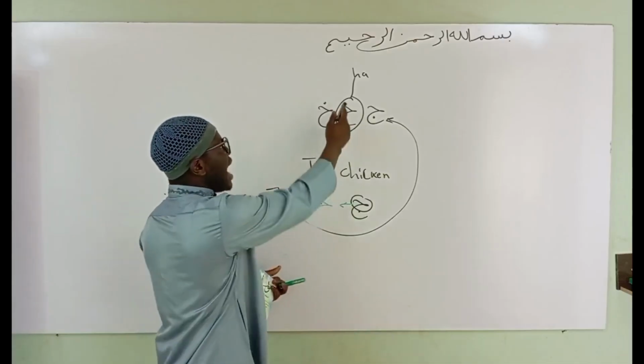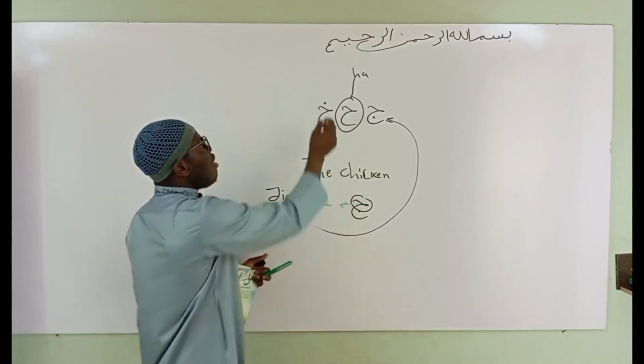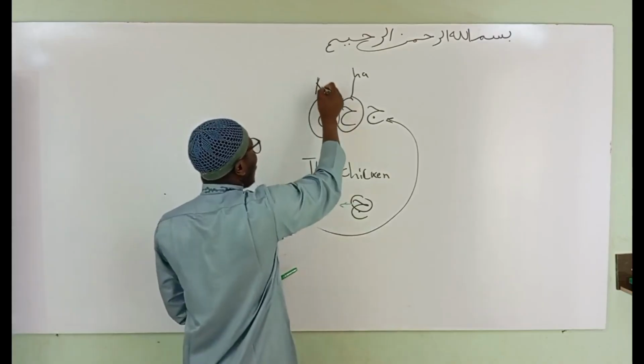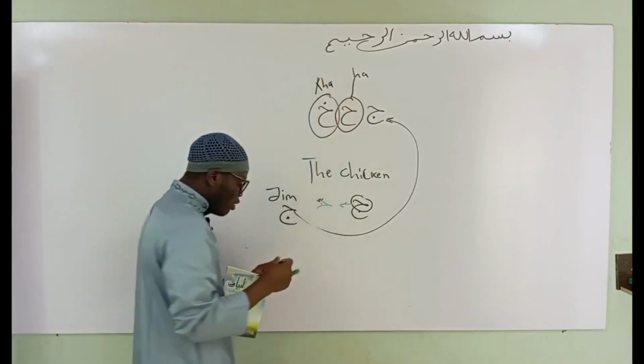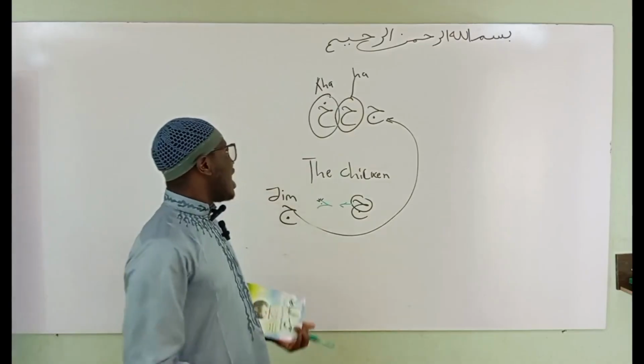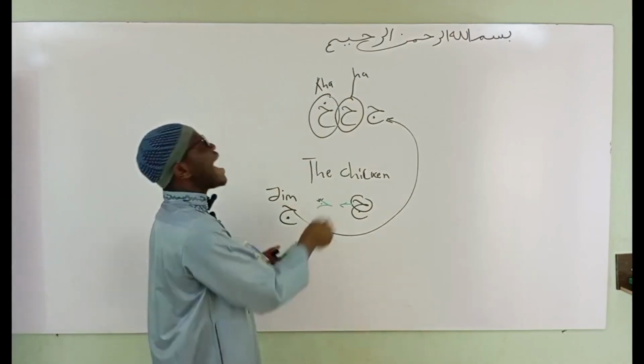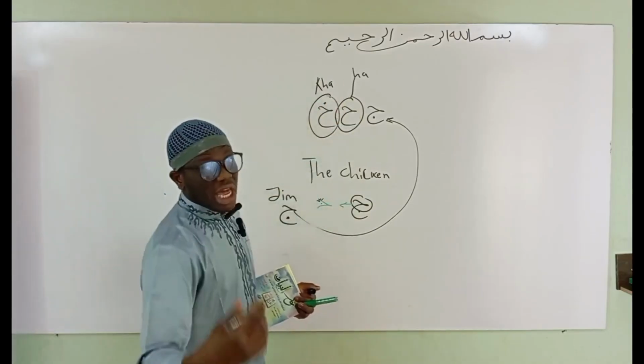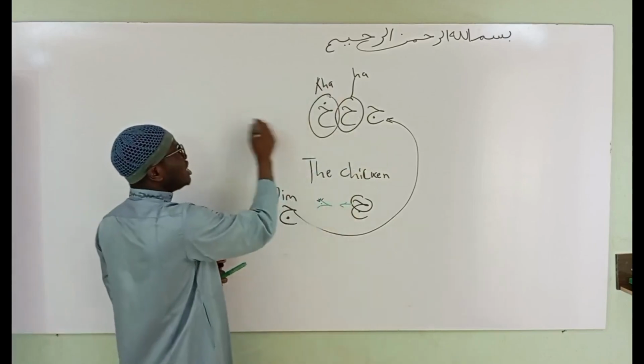So here we have Ha, and here we have Kha. The next one is Kha. It is spelled K-H-A in English, but there are certain words where some people pronounce this as Ka, and that is wrong. An example of this is when you say Khadija.